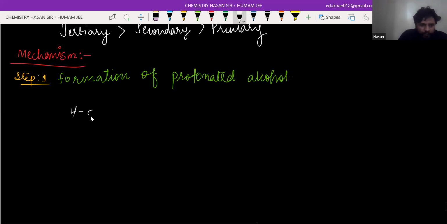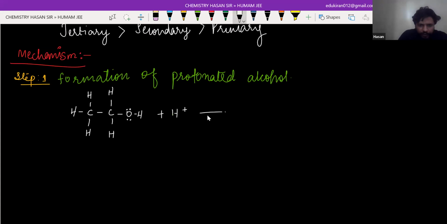So ethanol I'm going to take. This is your ethanol. And you know that oxygen has lone pair, right? So this is the scenario. Proton is there. And this reaction is basically a fast reaction and reversible. So what will happen? This lone pair will be attacking this. Okay. So this is what you will get.